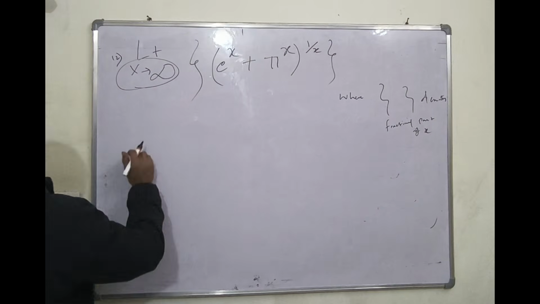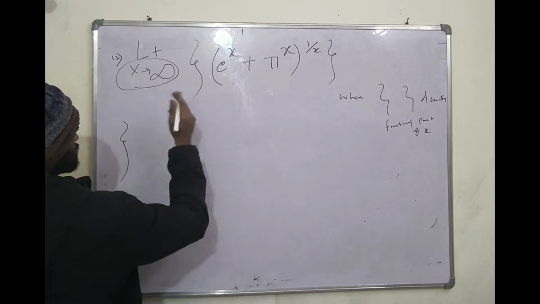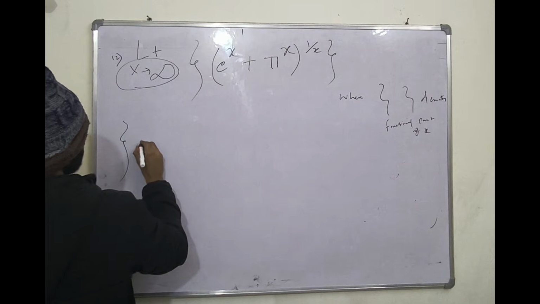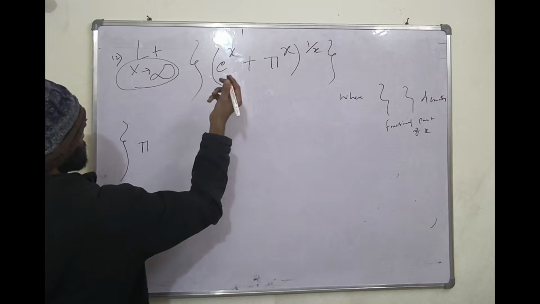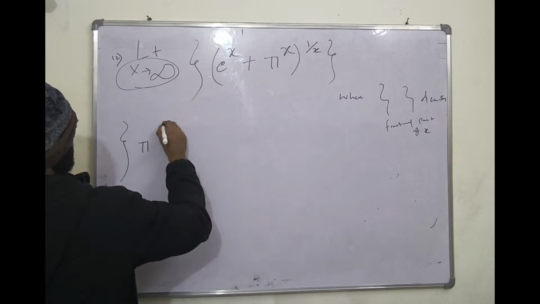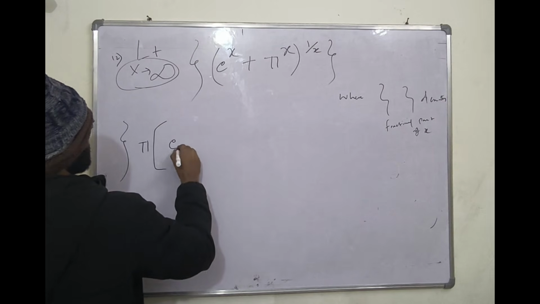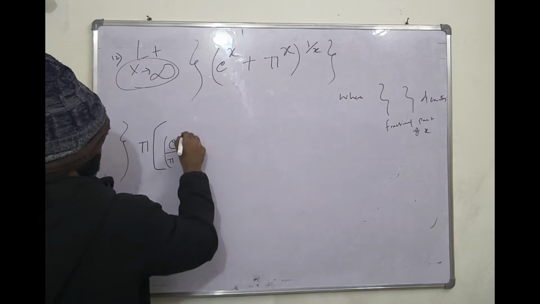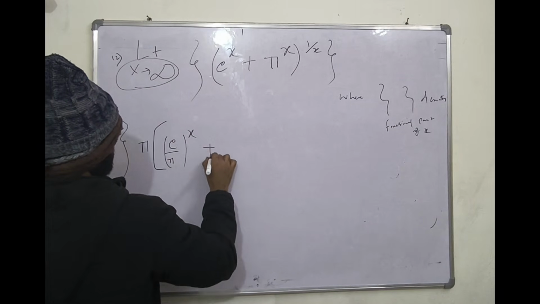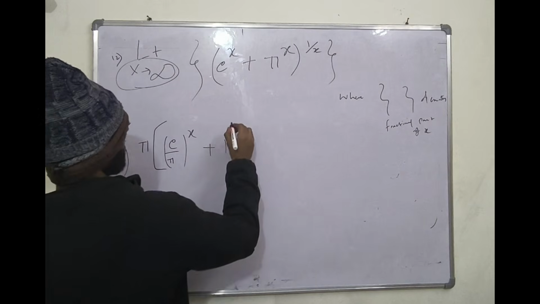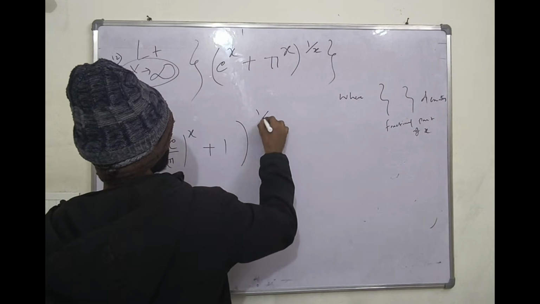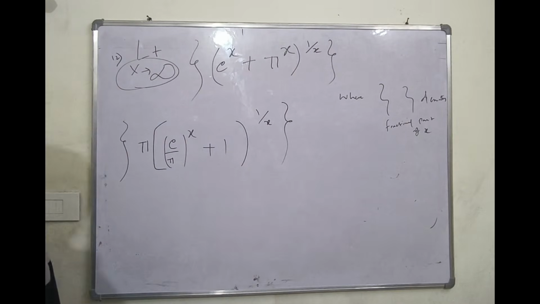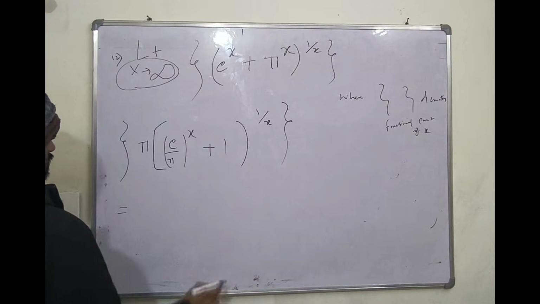So take e power x common, 5 power x common. 5 power x power n by x is pi, e by pi whole power x plus 1, again whole power 1 by x, with the fractional part.